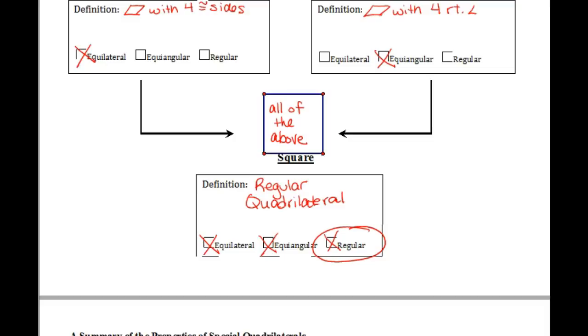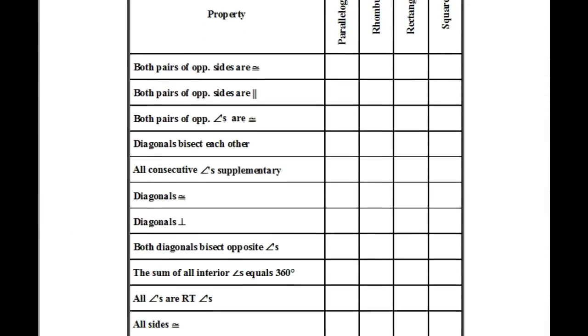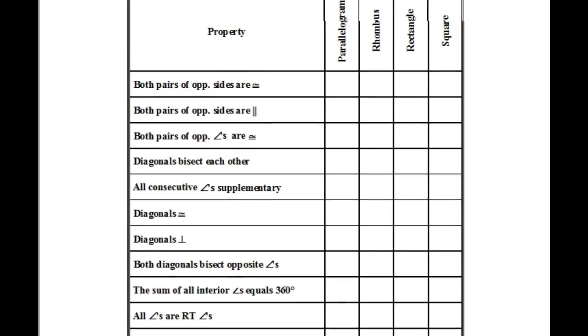So we've talked a lot about these various properties, and we thought it might be useful to have this little chart just to kind of sum things up. Just to let you know, because we've learned so much over the last couple of days, the correct completed chart will be provided on tomorrow's quiz.